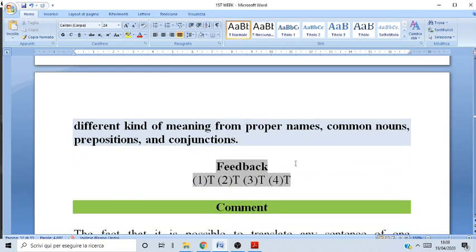As you can see from the feedback, all these questions are true. So they have a different kind of meaning depending on whether they are proper names, common nouns, prepositions, or conjunctions.